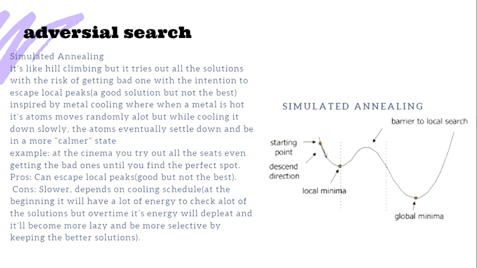Let me give you an example. At the cinema, you try out all of the seats, even getting the bad ones, until you find the perfect spot. Pros: it can escape local peaks, which are good but not the best. Cons: slower, depends on the cooling schedule.